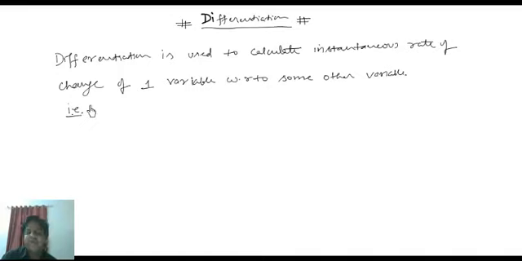That is, differentiation is used to calculate the instantaneous rate of change. The word instantaneous is very important.